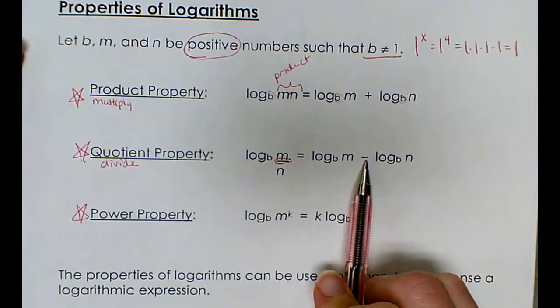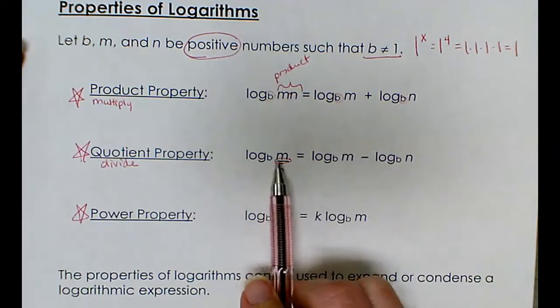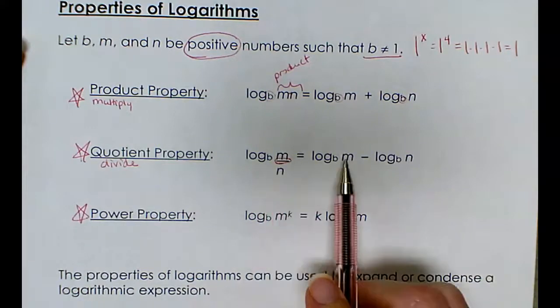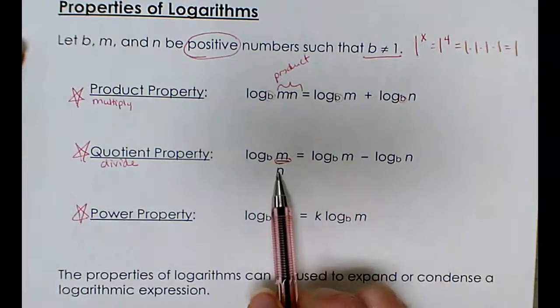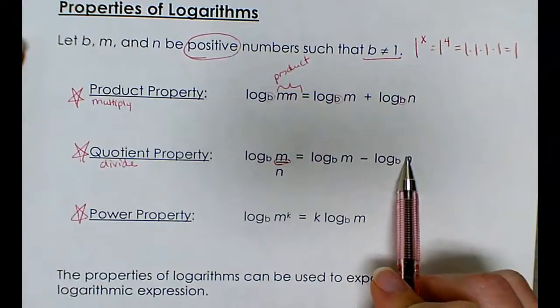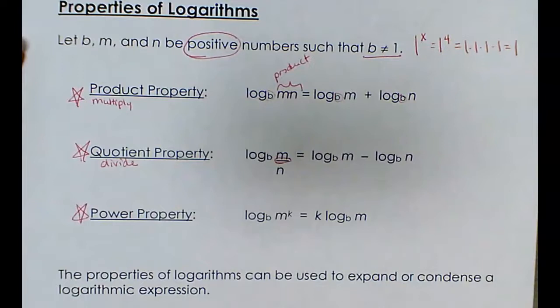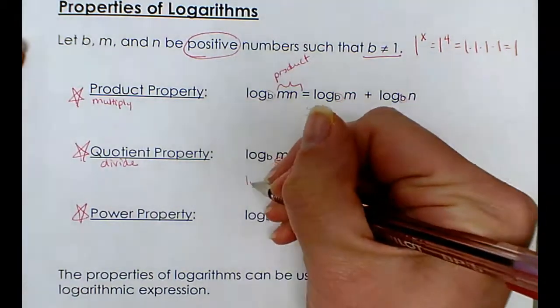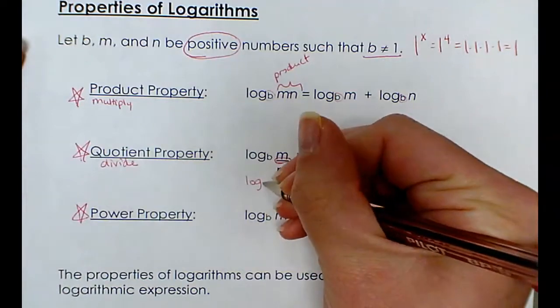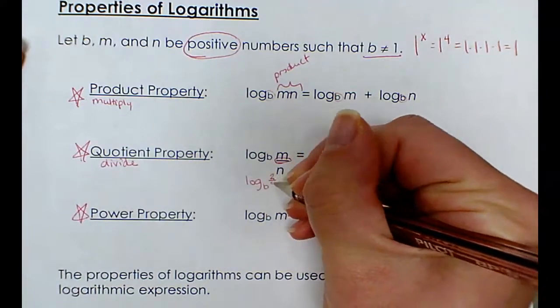So whenever you expand a log base b of a quotient, then you give the numerator to the first log term, the denominator to the second log term, and you separate them with a subtraction sign because division and subtraction go together. So let's say I have log base b of 2/5.